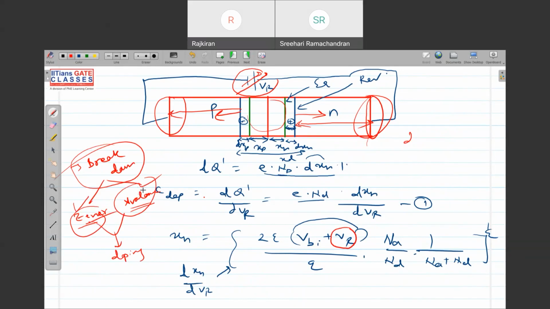If I get two classes, one class is coming for BJT, and then if time permits, you remind me and I will cover this breakdown mechanism. Which mechanism takes place depends on the doping, and also on the material, like the energy gap. Both material and doping.